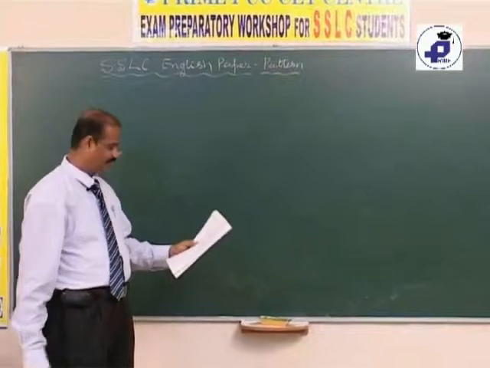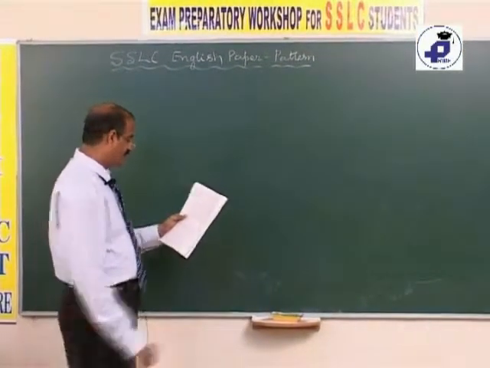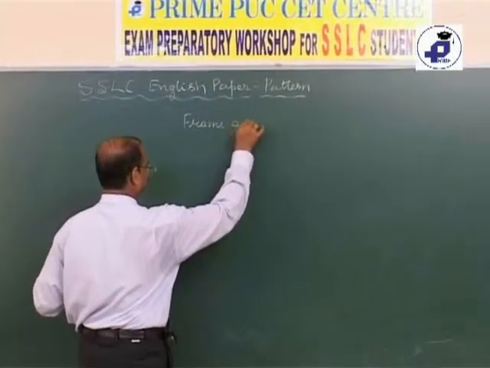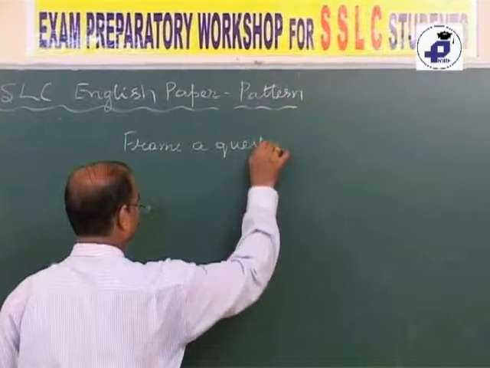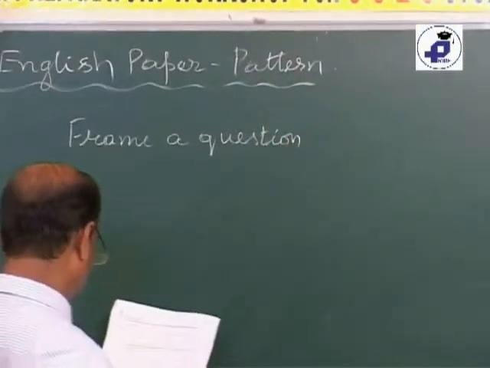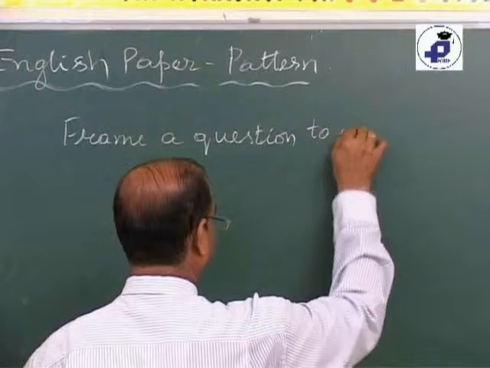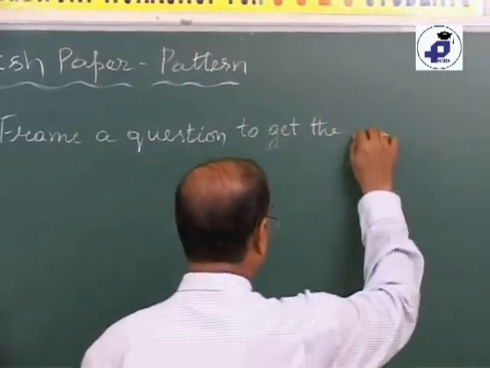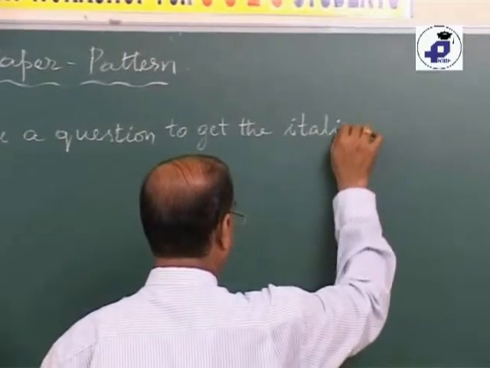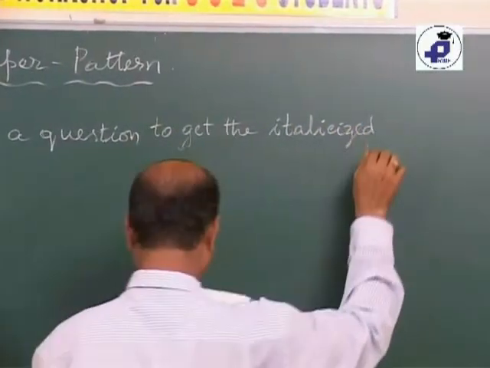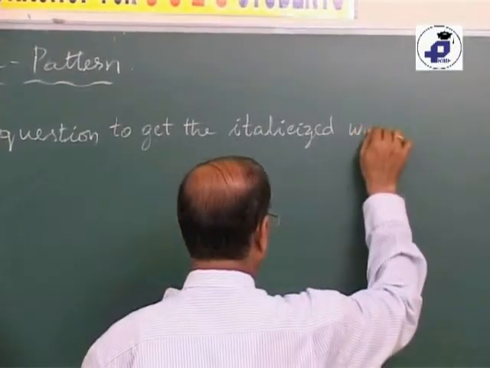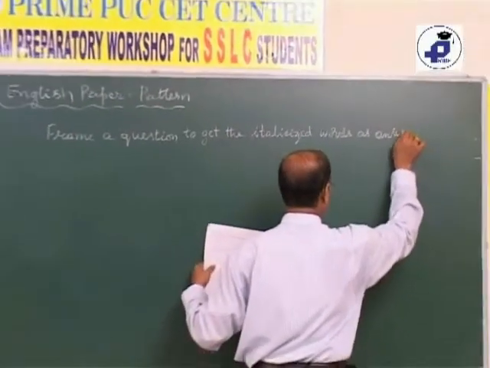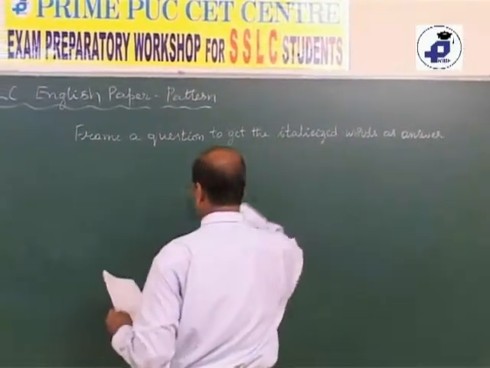Now let me take up another question, that is, frame a question to get the italicized words as answer, or sometimes underlined words as answer.